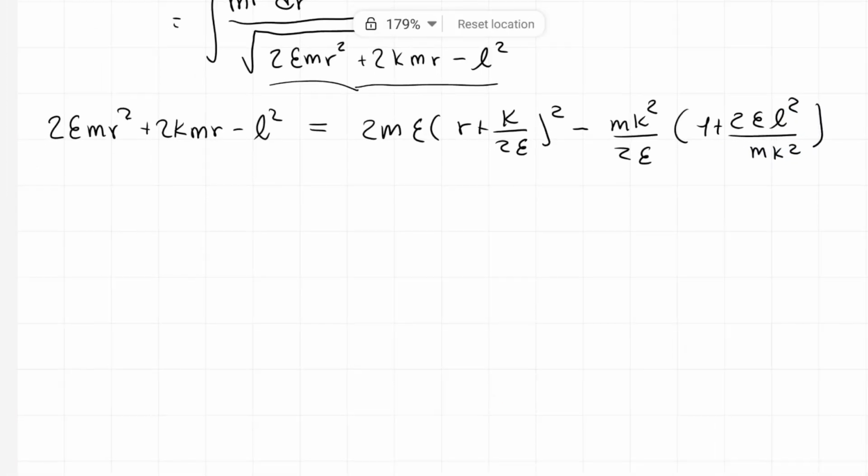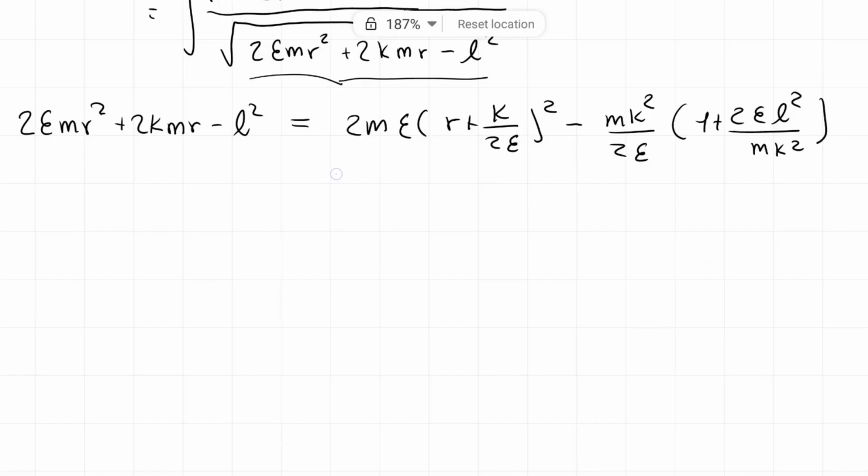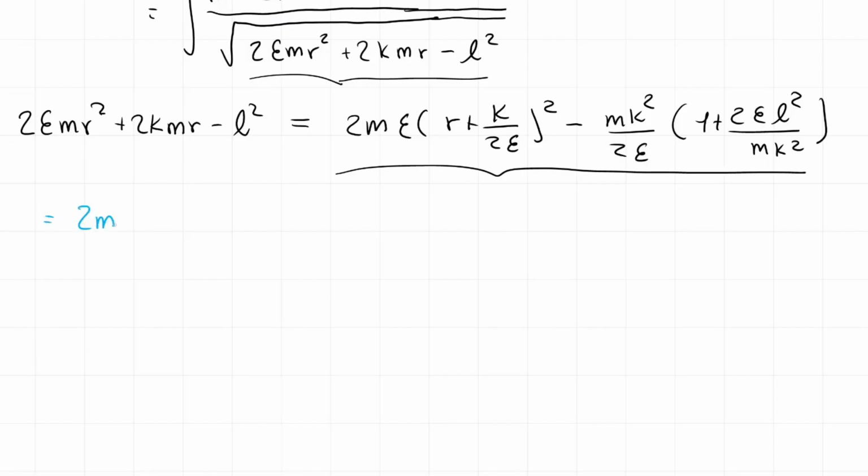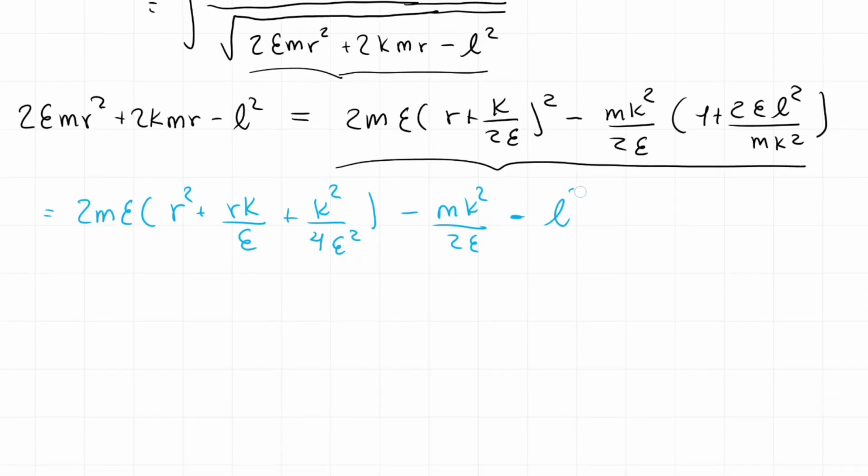If we take this expression, it is equal to 2mE times (r squared plus rk over E plus k squared over 4E squared) minus mk squared over 2E minus, well, just L squared here.